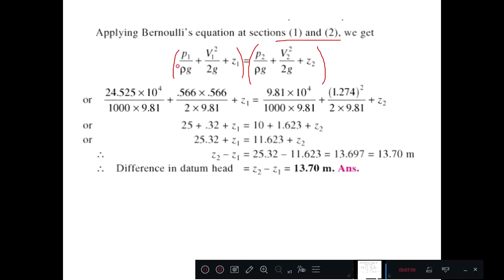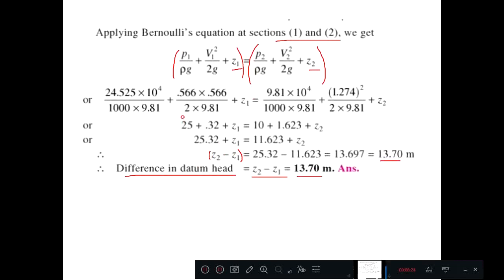Substituting all the values except Z1 and Z2, because these two are unknown, and simplifying, finally we get Z2 minus Z1. Since Z2 is at a higher elevation than Z1, we write Z2 minus Z1 as 13.7 meter. So this is the difference in datum head, 13.7 meter.